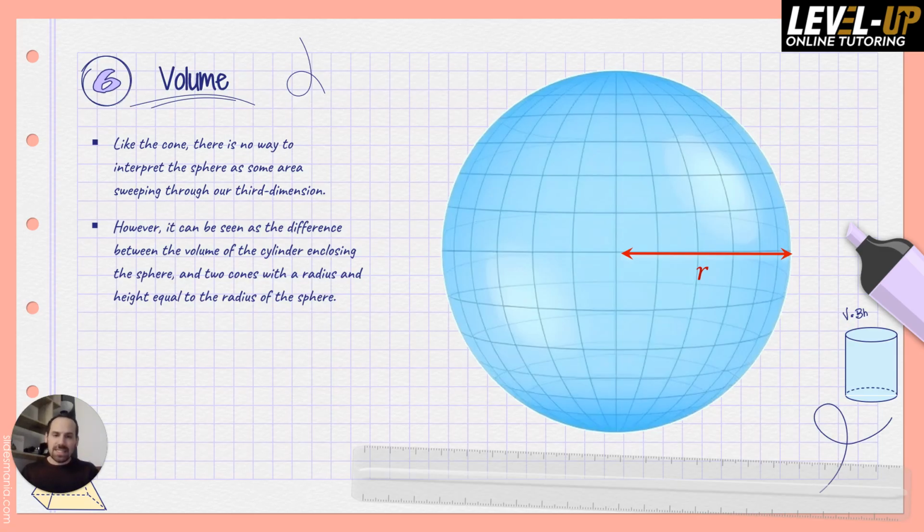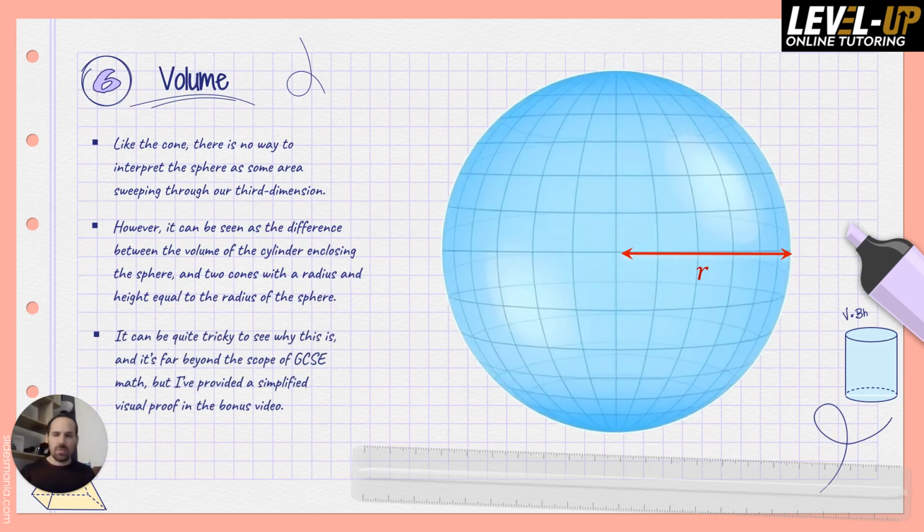Why that would be the case might be very hard to see, but I've given a little visual proof in the bonus material that might help if you want to have a rough idea where the formula for the volume of a sphere comes from. But again, this is very far beyond GCSE level, so it's okay if you don't understand that, and you don't need to understand it.